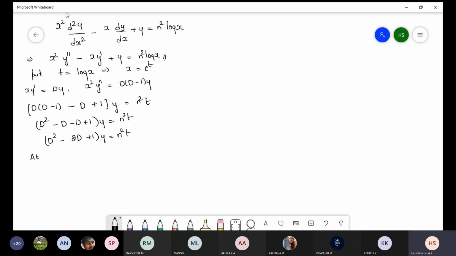So write the auxiliary equation, m square minus 2m plus 1 equal to 0. It is in the form a minus b whole square. So m minus 1 whole square is equal to 0. So m is equal to 1, 1. This is a repeated root, so yc is c1 plus c2 t into e power t.